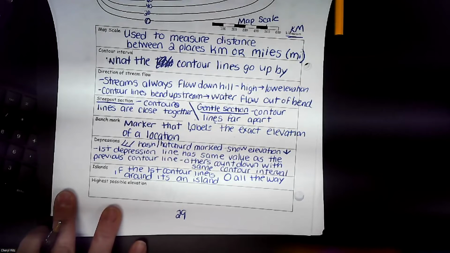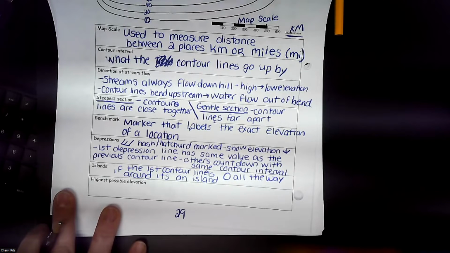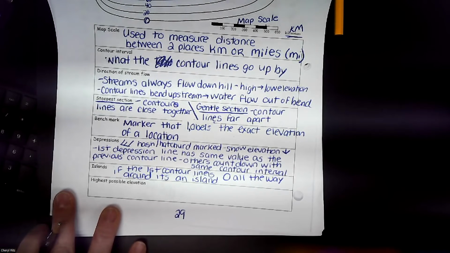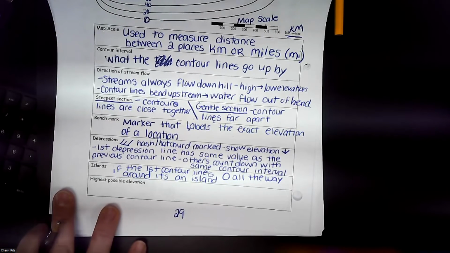I'm gonna start calling it island now. So that is pretty simple. As long as you know that an island has 0 all the way around, I have really just wanted to make sure you understood that simple concept.